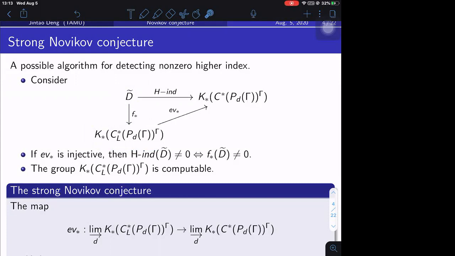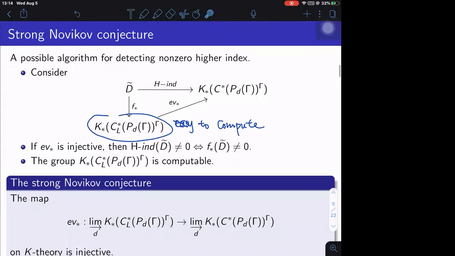The advantage of this one is that it is easy to compute. So if we can determine it's non-vanishing in this K-theory, plus the assembly map is injective, then we will say the Roe index is non-vanishing.